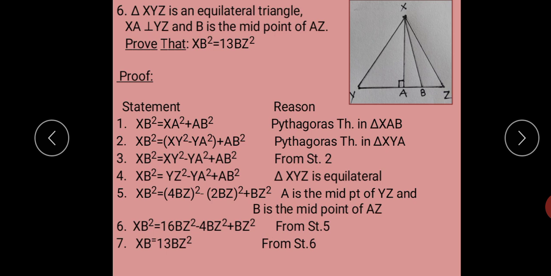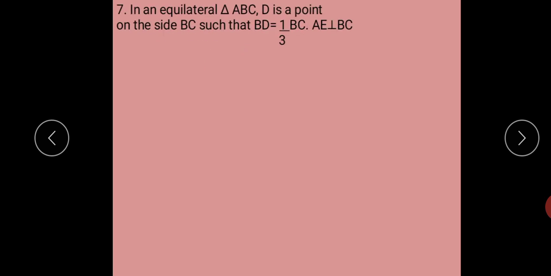We'll solve one more rider based on equilateral triangle. There is a footnote here. In an equilateral triangle, the altitude and a median are the same. We'll see the figure.